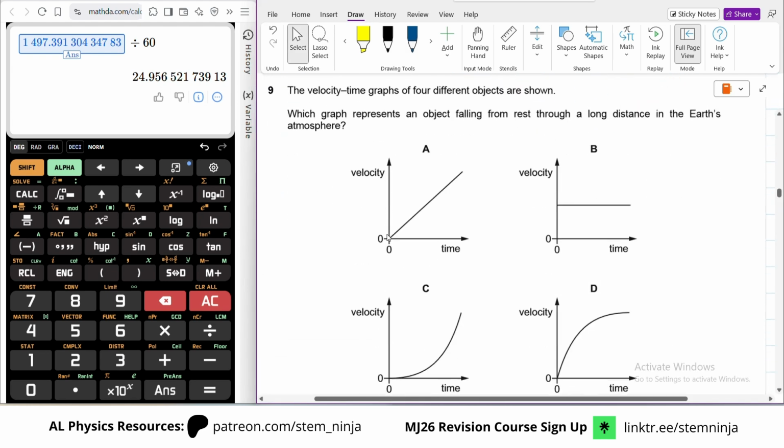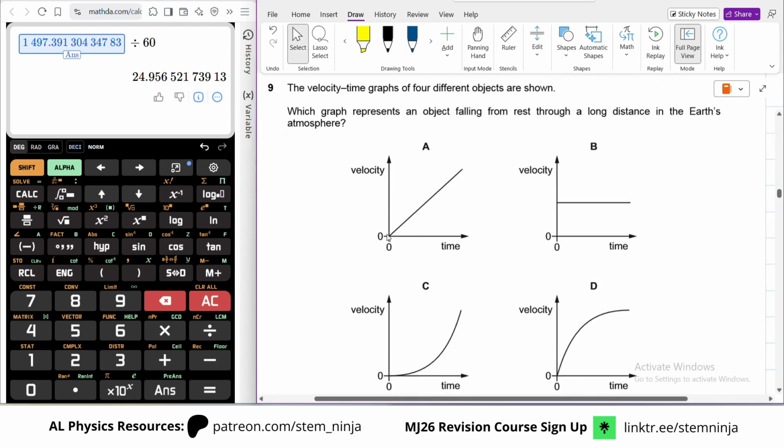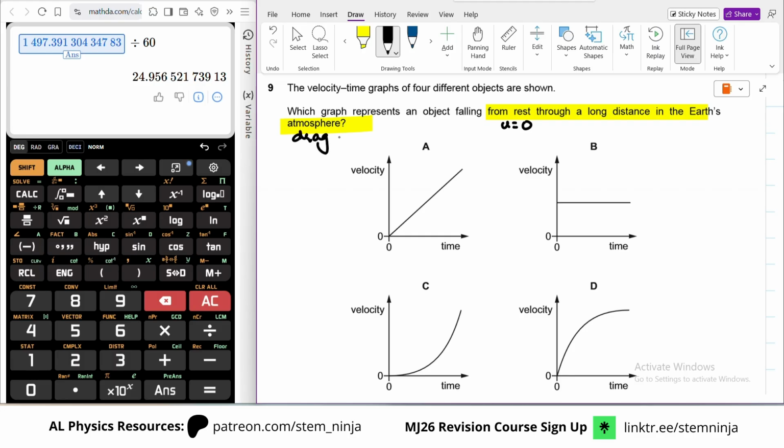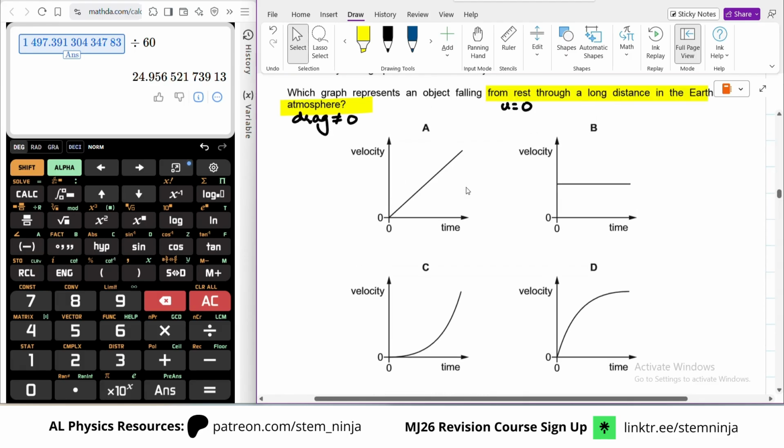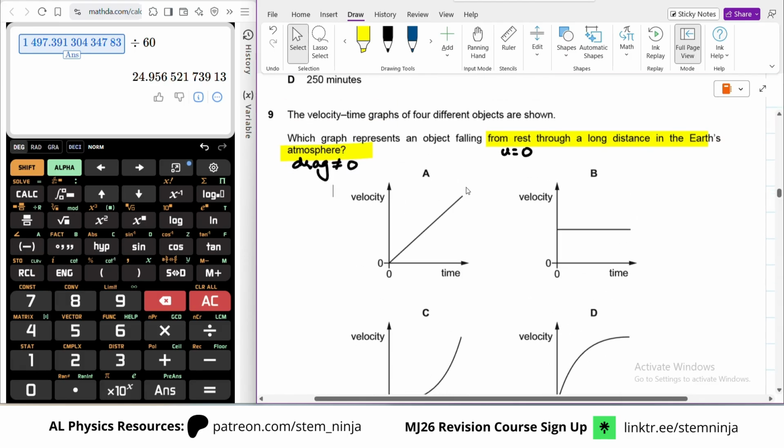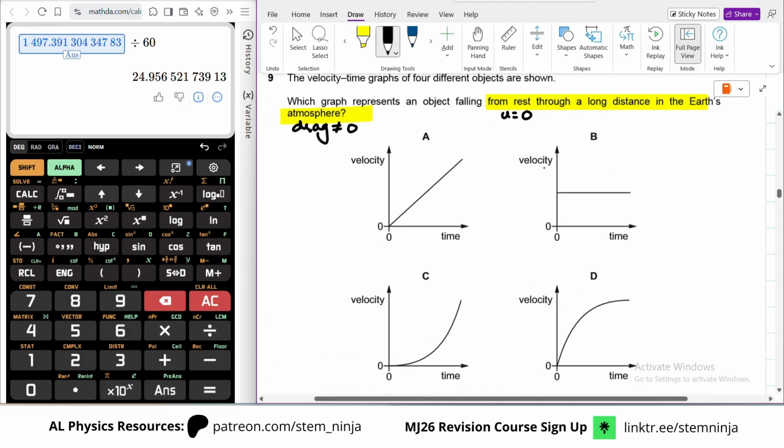The velocity-time graphs of 4 different objects are shown. Which graph represents an object falling from rest through a long distance in Earth's atmosphere? So from rest, that means u is 0, and in Earth's atmosphere, that means the drag or air resistive force is non-zero. It starts from rest, so that means this immediately is cancelled out.